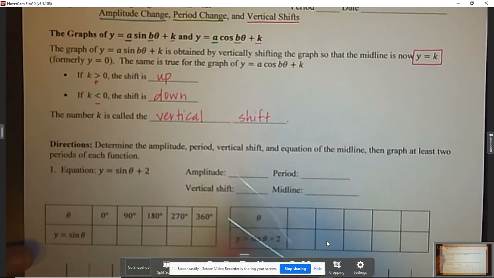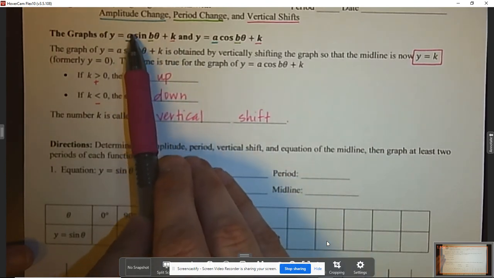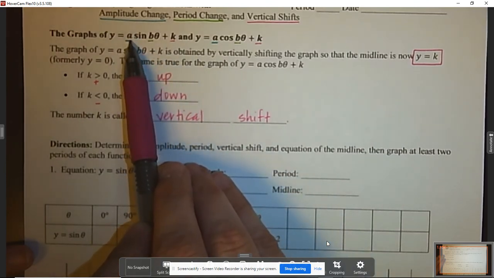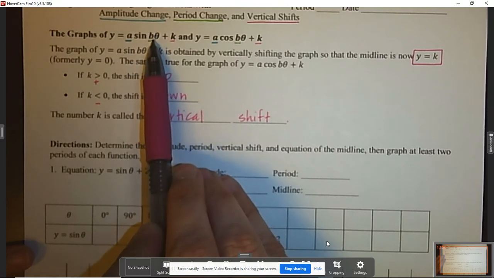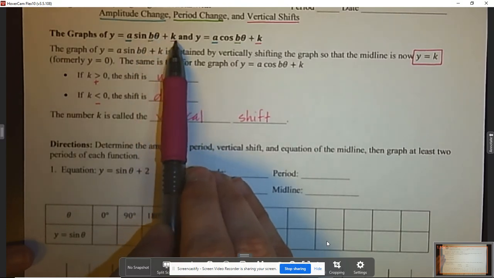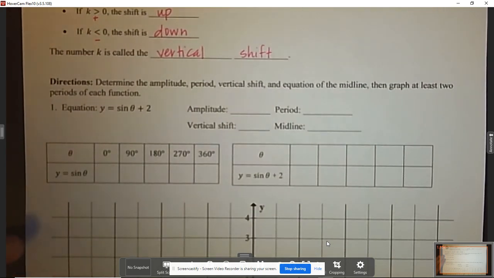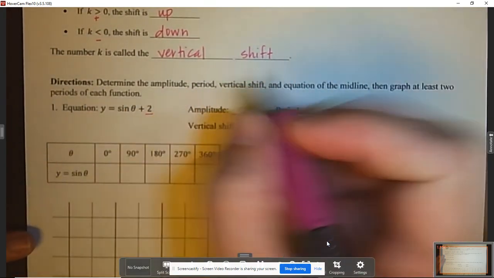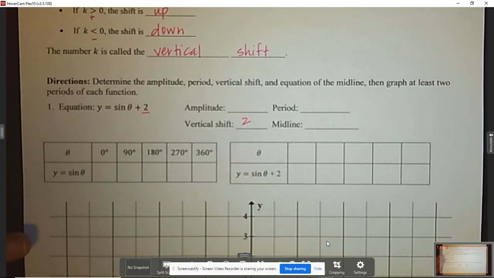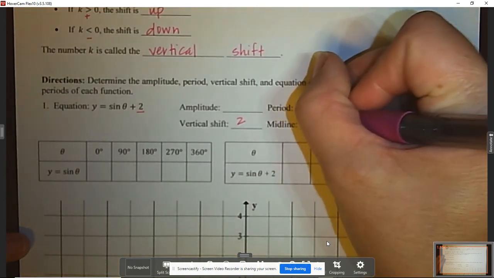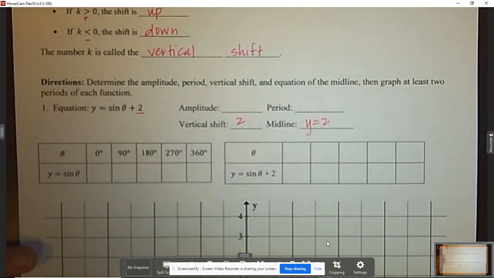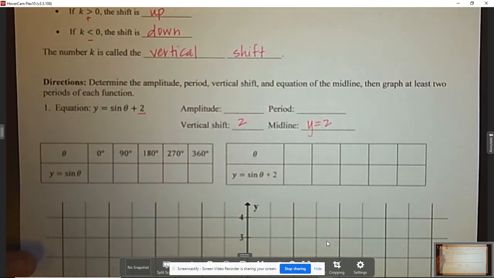So when I look back up here, my a value is 1, so I don't really have an amplitude change. My b value is 1, so I don't have a period change. The only thing we're going to look at on this graph is a vertical shift, and that's going to be up 2. So I'm going to go ahead and write that vertical shift is 2. That makes my midline y equals 2, and that will make more sense when we graph it.